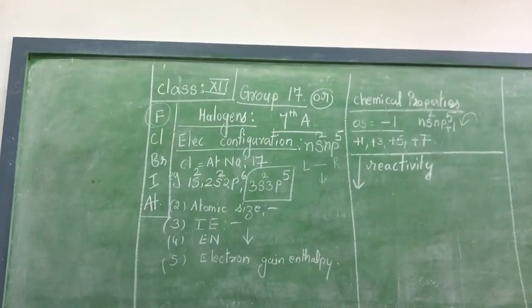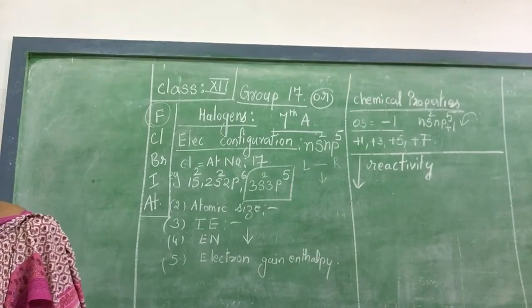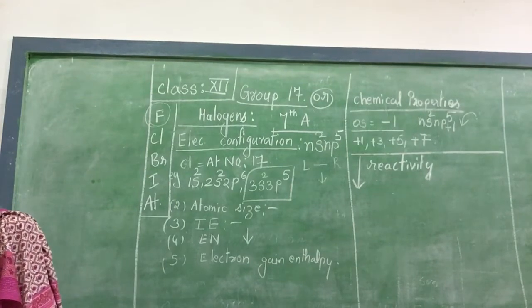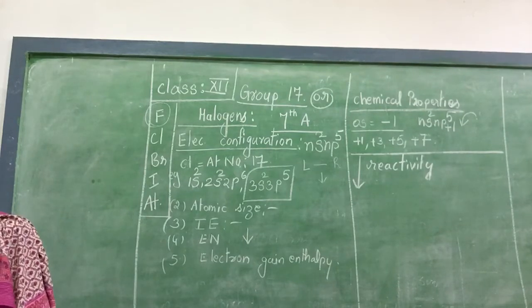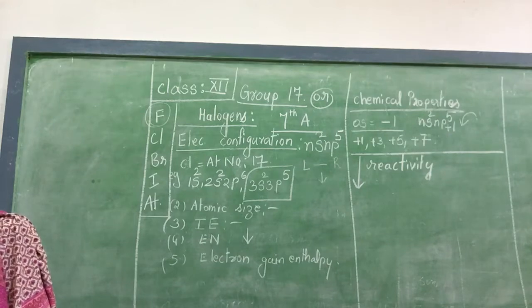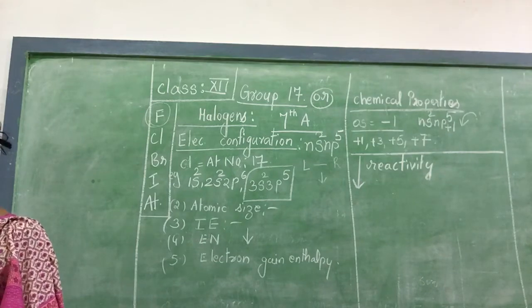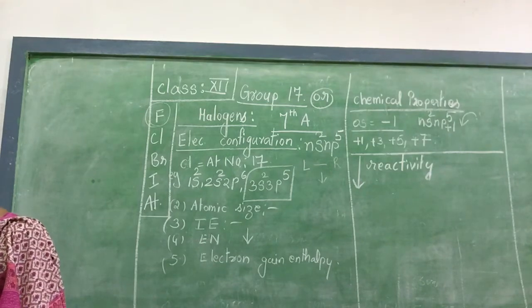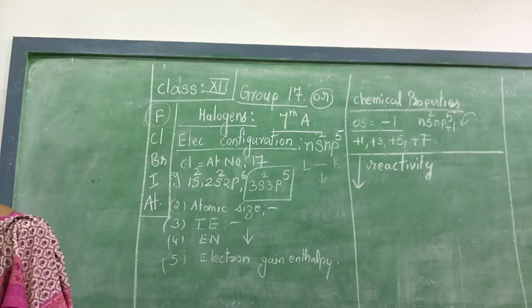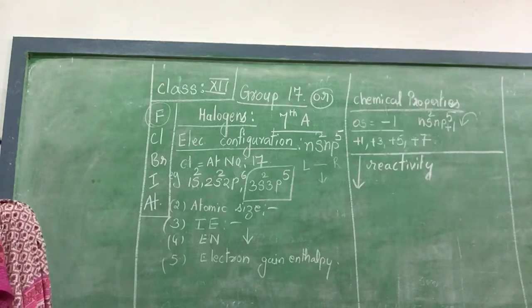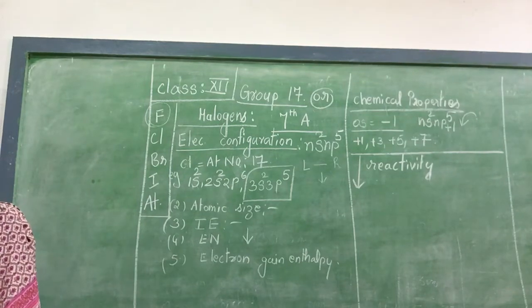Now next, children, the decreasing oxidizing ability. The fluorine atom has no d orbital, so it cannot expand its octet state. Being the most electronegative element, it shows only -1 oxidation state. Readiness to accept an electron is the reason for the strong oxidizing nature of halogens.